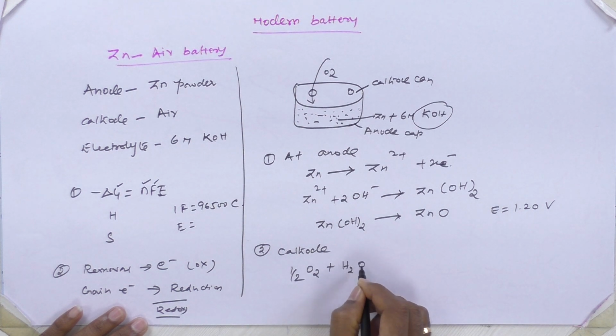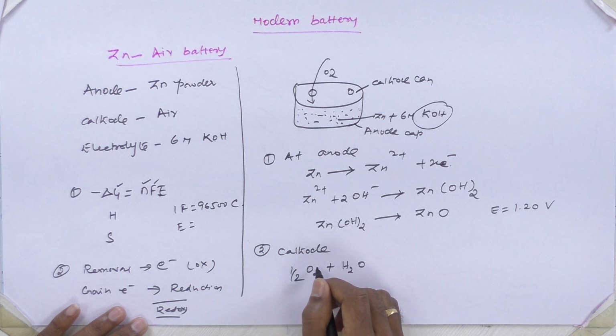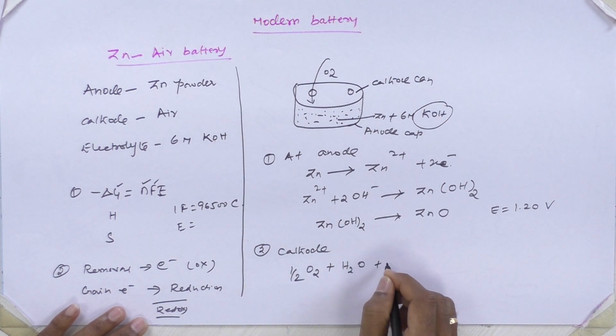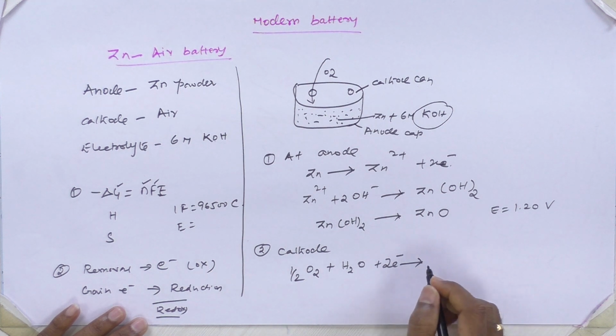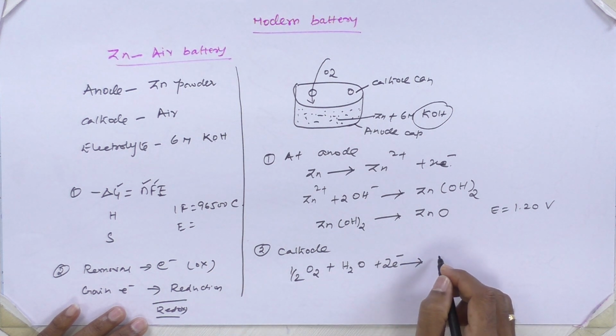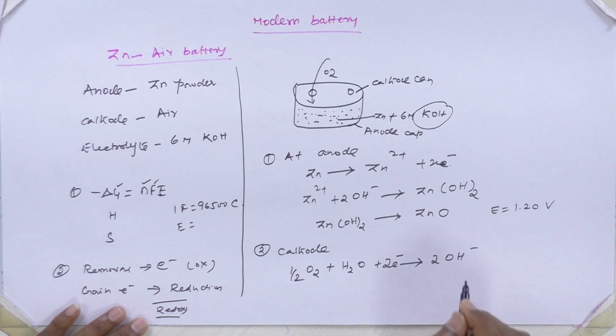In the case of other secondary batteries or other primary batteries, the cathode material itself undergoes the process, but in the case of a modern battery, such a chemical reaction does not take place. Here, the oxygen molecule which is absorbed during the process undergoes reduction due to the consumption of electrons released from the anode area. So now the oxygen molecule gets reduced and is converted into the corresponding hydroxide radical.